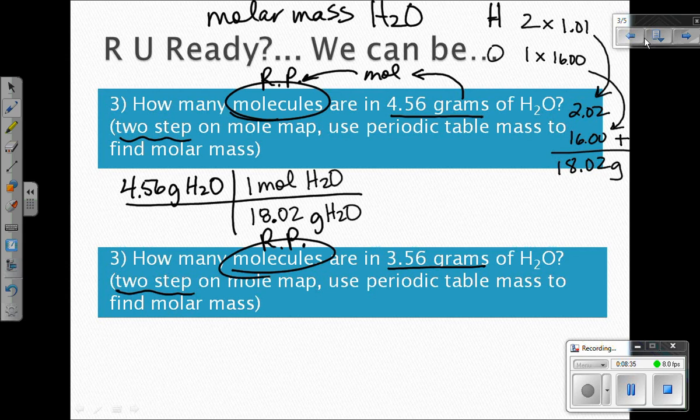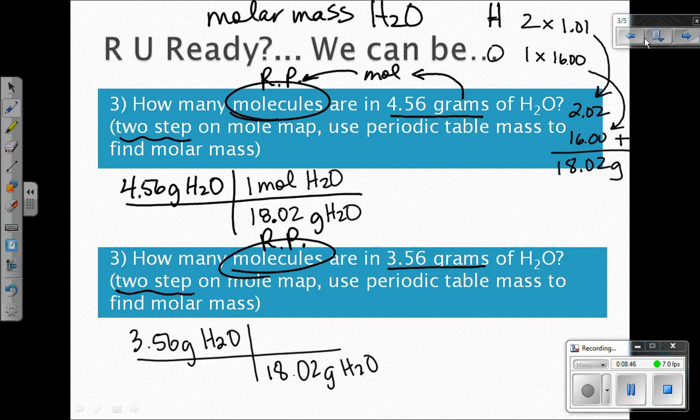Same thing down here. I'd start with my 3.56 grams of H2O, and then I would say that 18.02 grams of H2O is 1 mole of H2O. But I don't want moles. I want my answer to be in molecules.